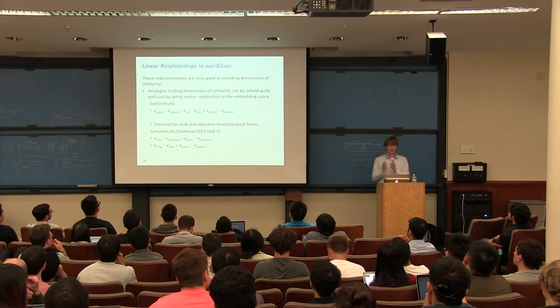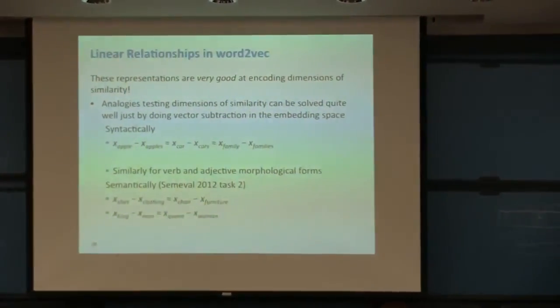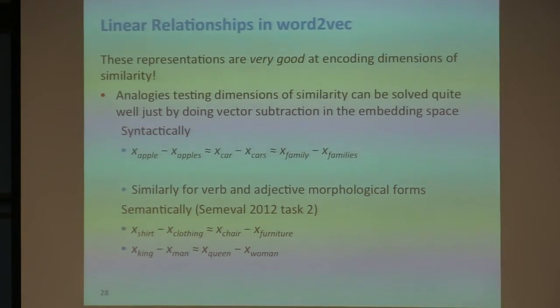All right. So why is this so cool? One of the interesting things is that these kinds of vectors are very, very good at encoding dimensions of similarity and dimensions of meaning automatically. So there are certain analogies that are very intuitive to people, and it turns out if you take the vectors of this kind of model, they will capture similar kinds of similarity.